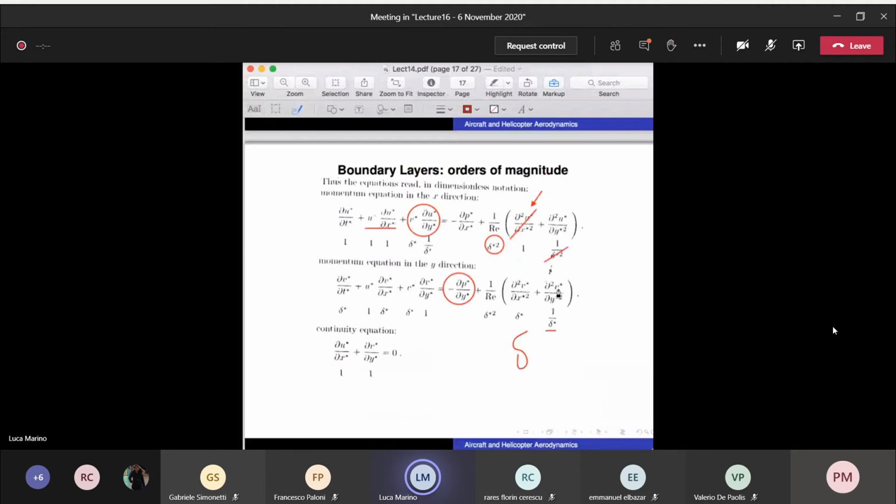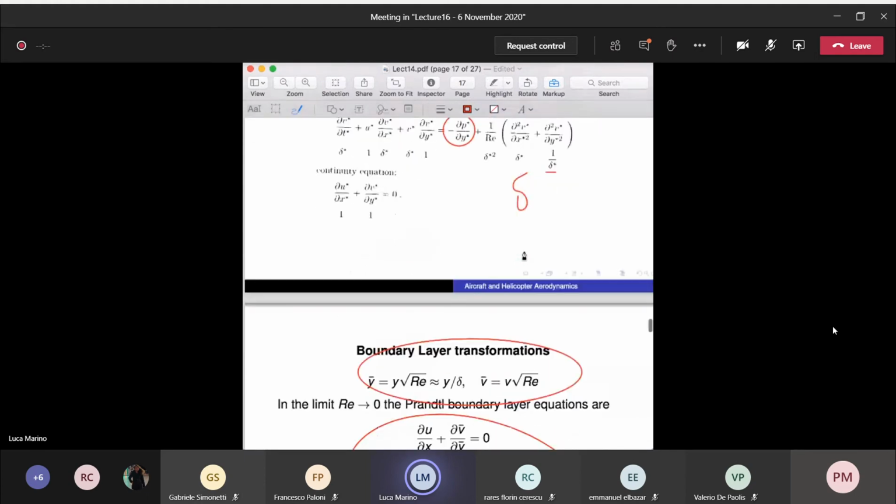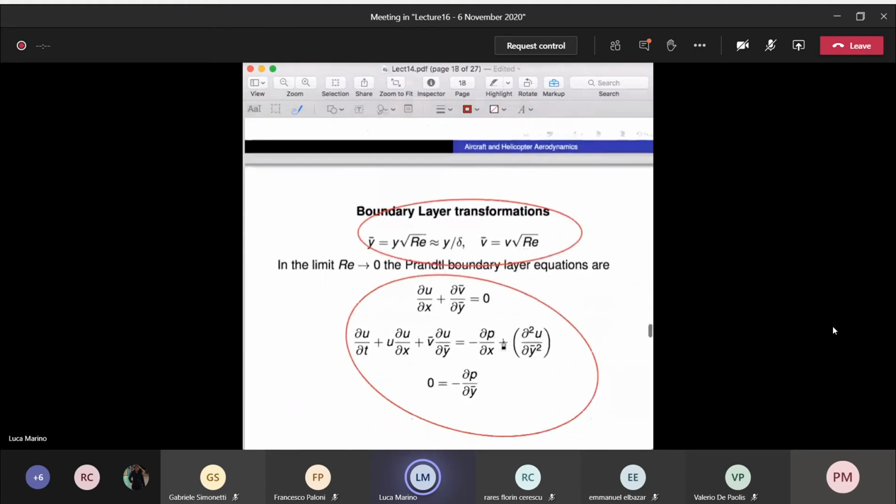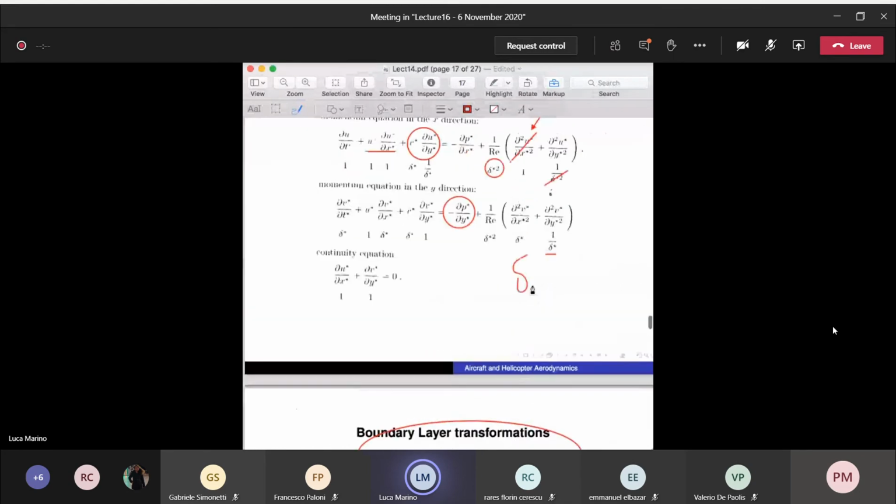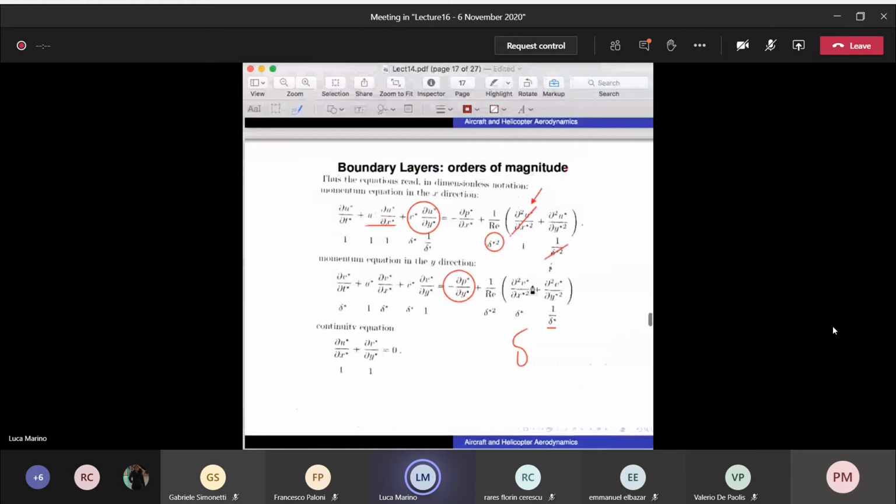So the change that we have done in the equation, apart from this particular nice effect of losing the explicit dependence on Reynolds, is going to change the character, the mathematical behavior of the equation. And so also the boundary conditions will be different.